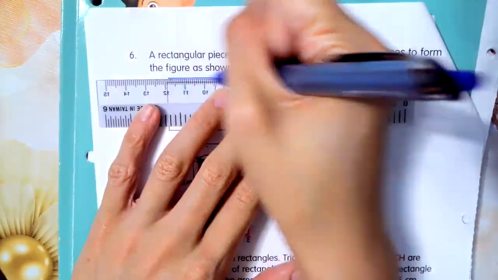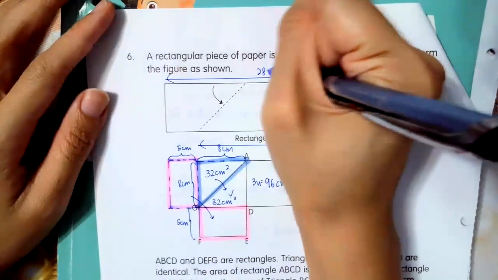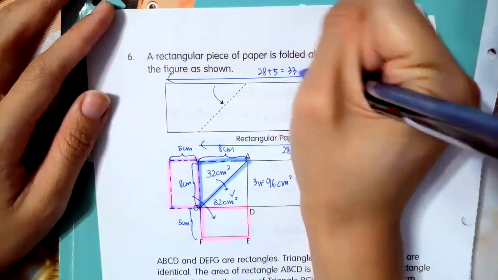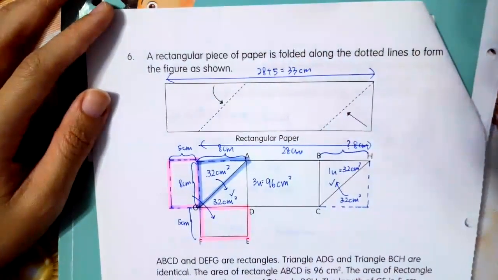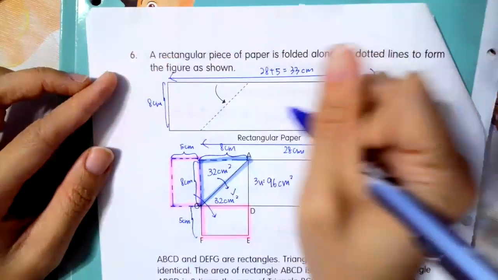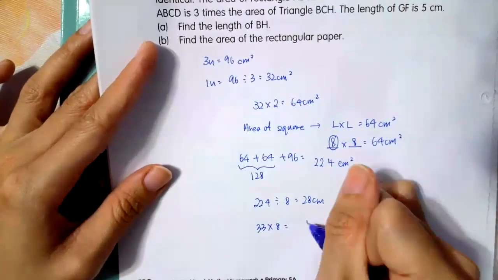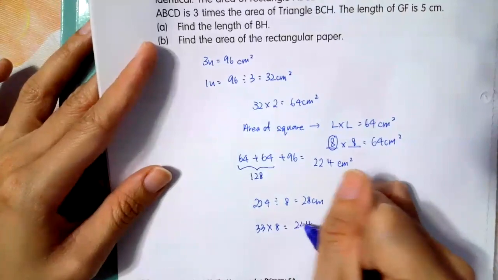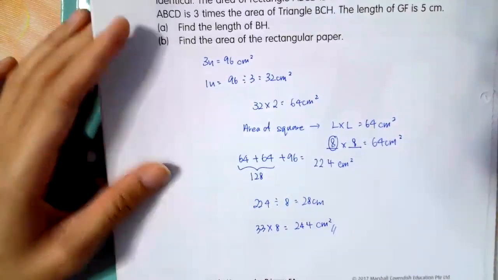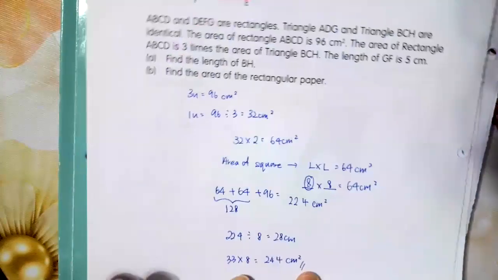So this whole chunk would be 28 plus 5, which is 33 cm. And here I already know this is 8 cm. So the area of the whole rectangle will be 33 times 8, and that would be 244 square centimeter. That's it for part B. So part A, the answer BH is 8 cm. Part B, the answer is 244. All right, that's it.